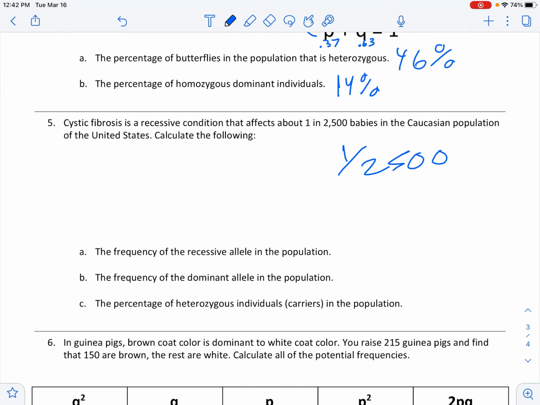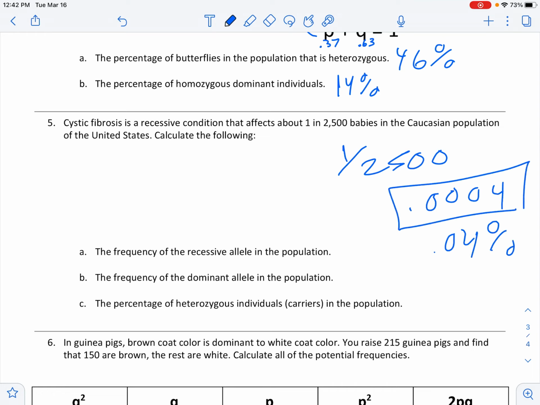All right, so that's as a decimal, 0.0004. Or if it was percent, you go times 100. But so it'd be 0.04%. But remember, when you do these calculations, you use the decimal format. So q squared is going to equal 0.0004.